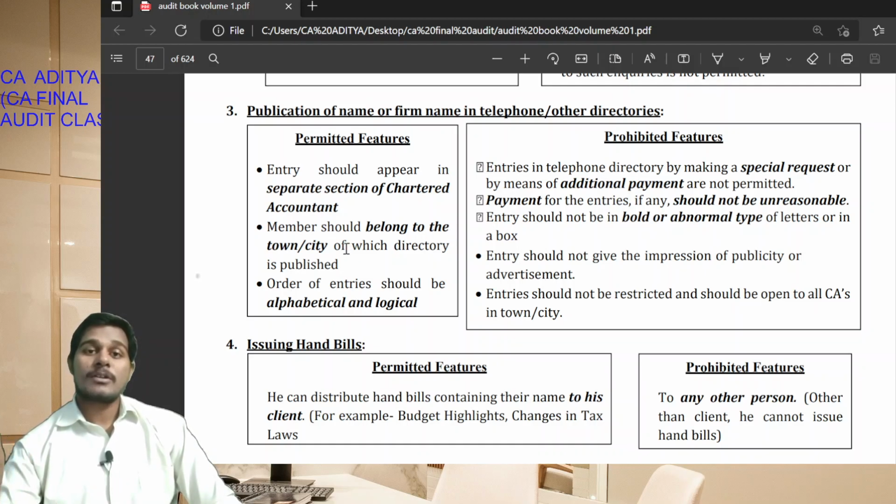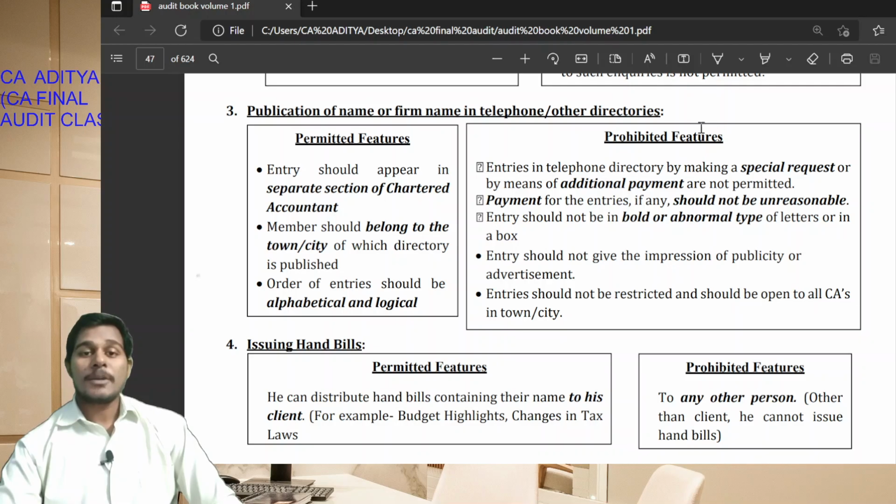That is, if the telephone directory is related to Guntur, then only Guntur chartered accountants are to be provided in that telephone directory. Order of entry should be alphabetical. That is, if the name starts with A, then it should come first. If it starts with Z, then it should be at last.